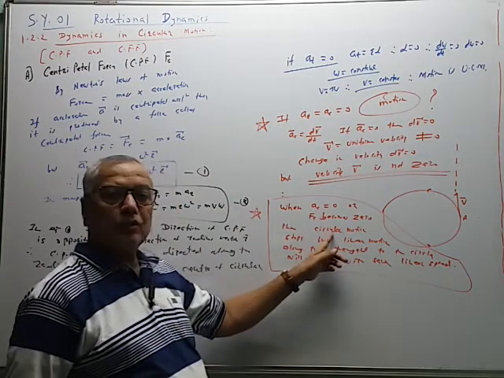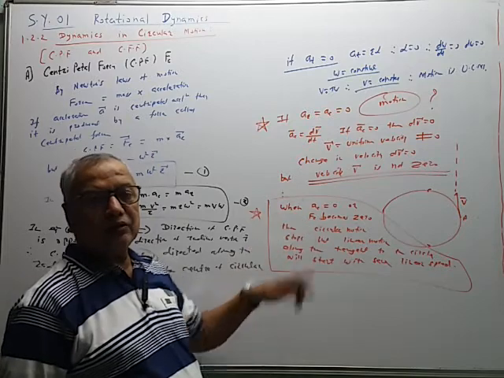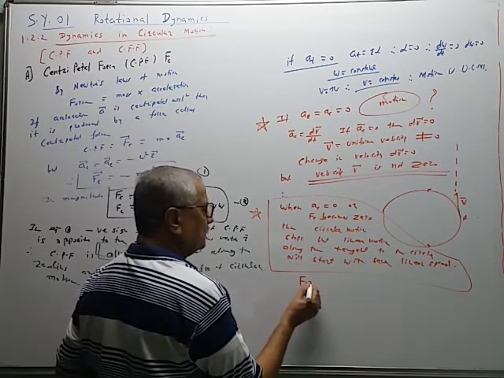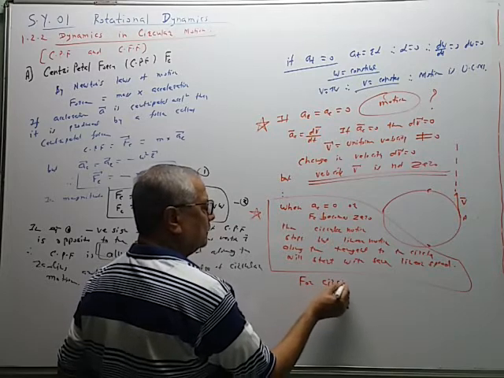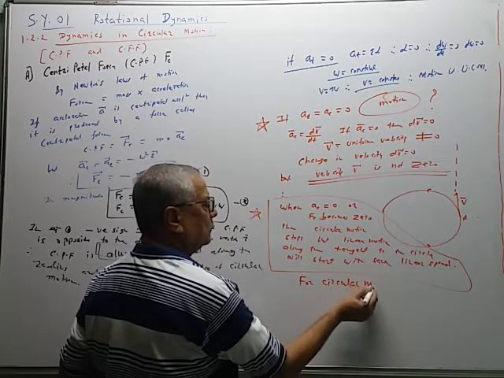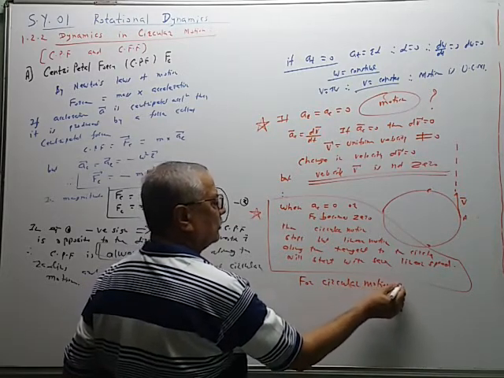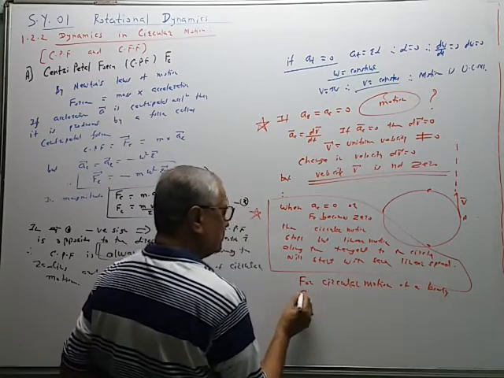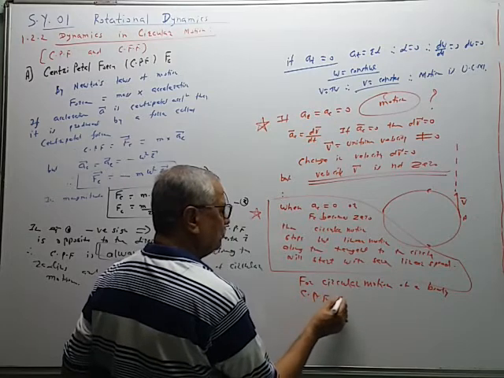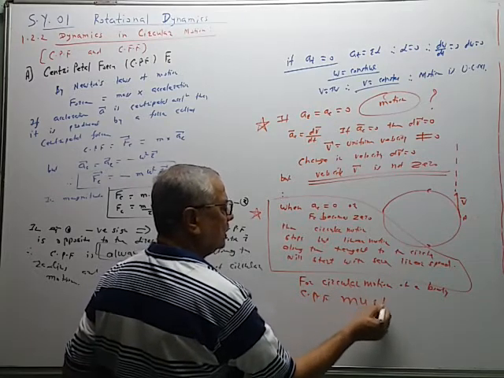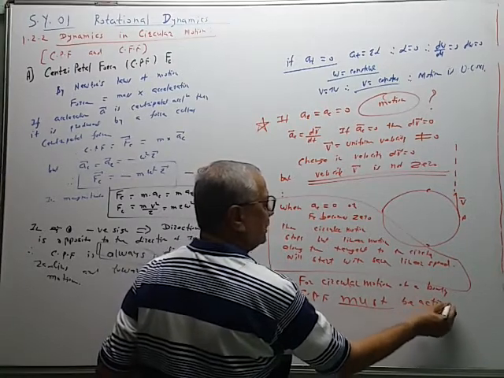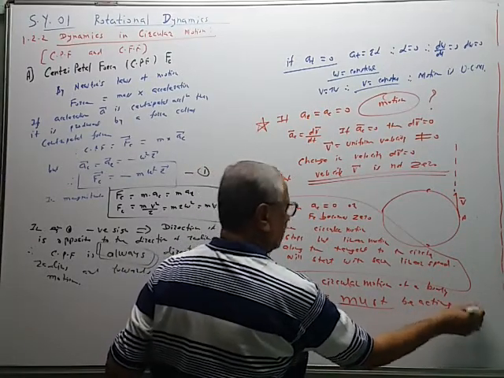If we want circular motion, then centripetal force must be acting on the body. So for circular motion of a body, of a particle, centripetal force must be acting on it.